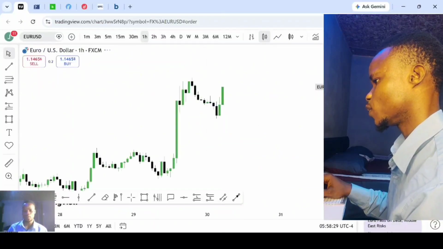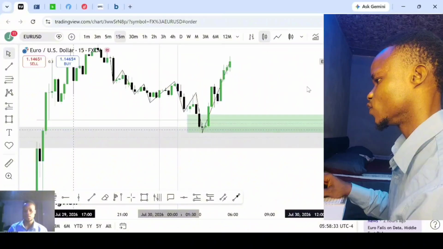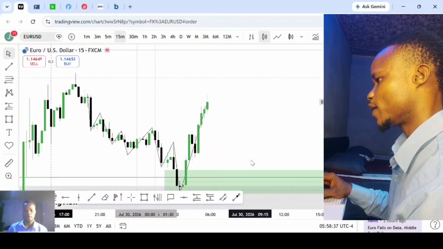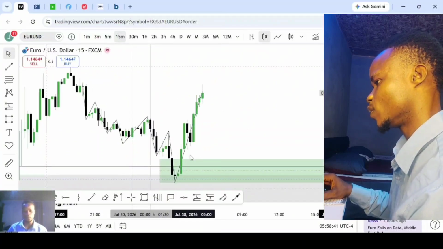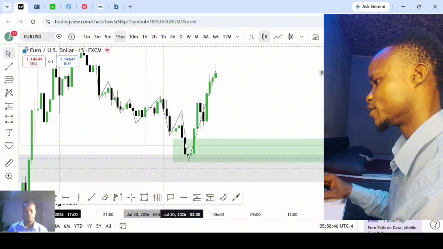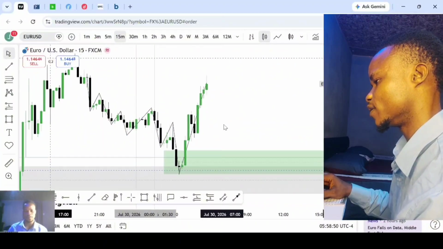I'm expecting the retracements for this entry. But if price just delivers to my TP point without coming back to my entry point, then I will not trade this setup again, because I will not see the setup as valid anymore.